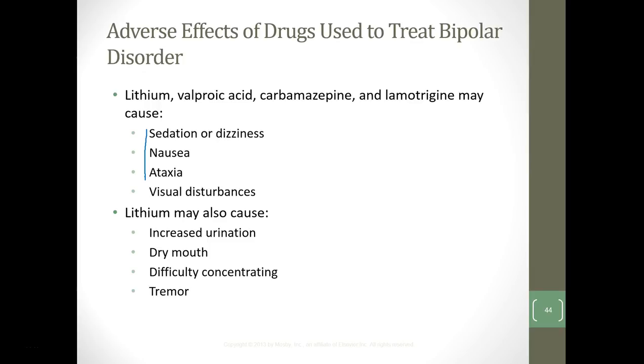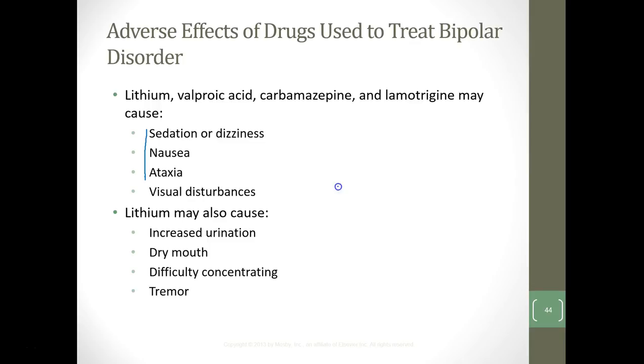Now, I talked about lithium toxicity on a previous slide. It's important to note the signs and symptoms of a lithium overdose. That includes diarrhea, dizziness, nausea, stomach pains, vomiting, and weakness. The patient should be instructed to call their physician if the signs of toxicity occur.